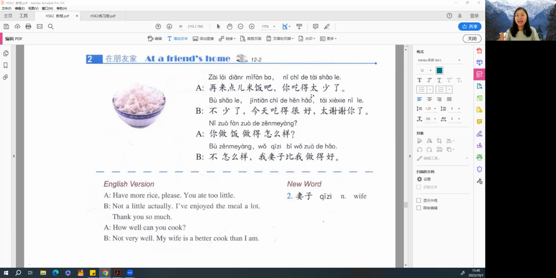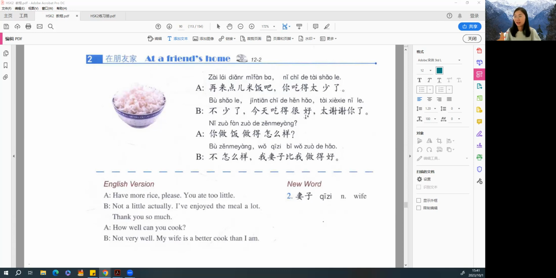And at times it is too much, too little. 太多了，太少了。Then we say, oh no, not little. 不少了。I've eaten enough. It's already so much, right?